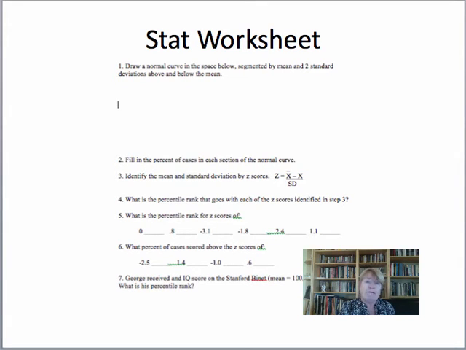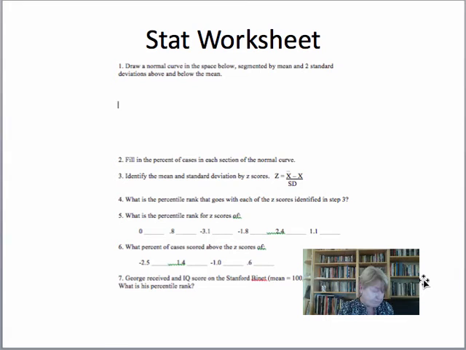So you're going to have 0 as your middle score, +1 and +2 on the positive side, -1 and -2 on the negative side. So now you should have a bell-shaped curve that's divided into standard deviation units, has the percentages filled in for each of the standard deviation units, and then also shows the z-scores at the bottom.